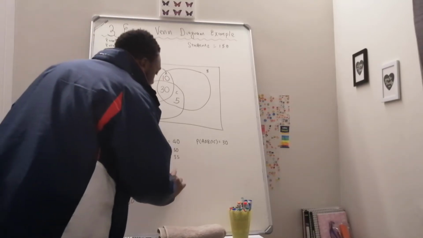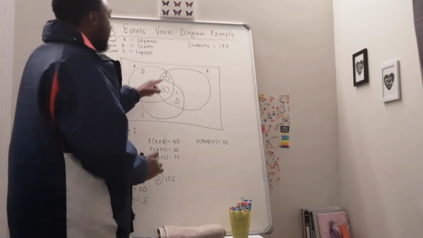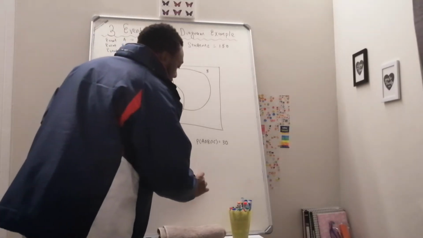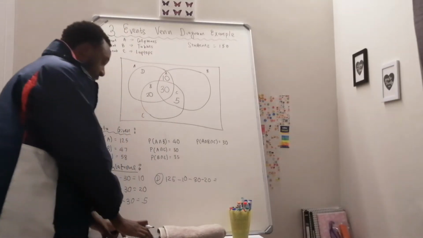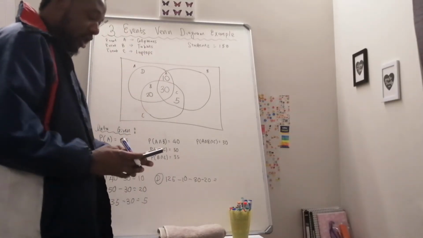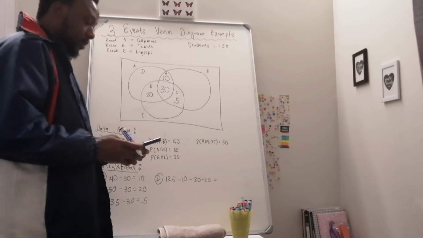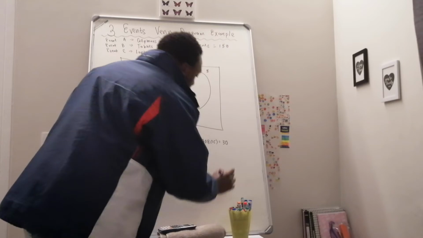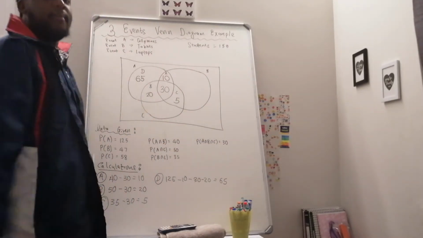So I'll say 125, the probability of A, minus 10, minus 30, and minus 20. What do we get? Just use your calculator there, it saves you some time. We get 65. Wonderful, so we put the 65 up there.